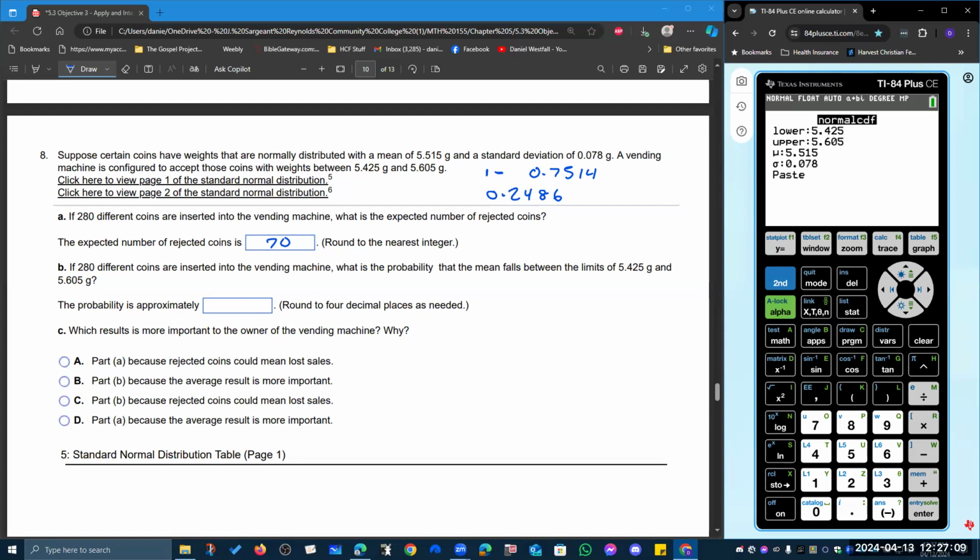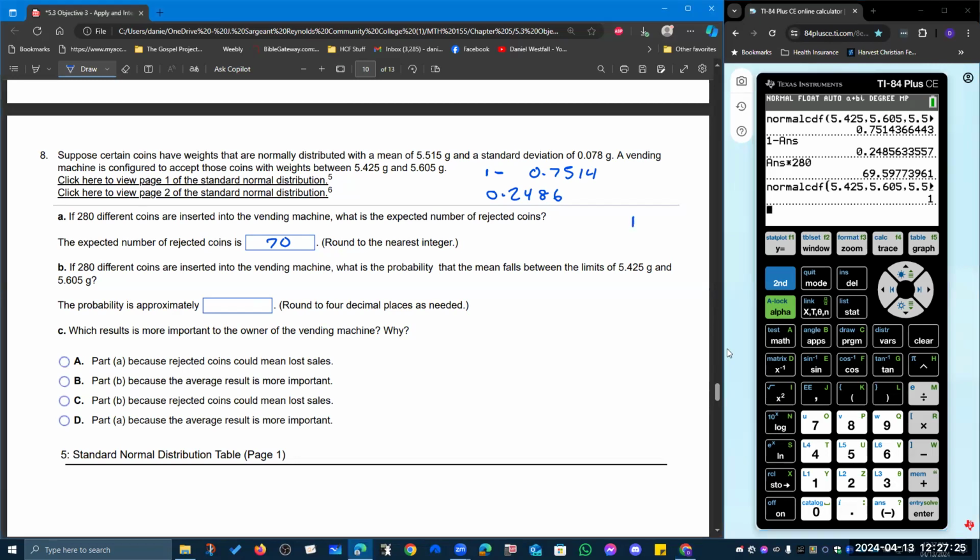So now we're talking about the mean value. So we're dividing this by the square root of the 280 coins in our sample. And that makes this probability of the coins on average here being accepted as 1. And so 1 minus that is going to be 0.